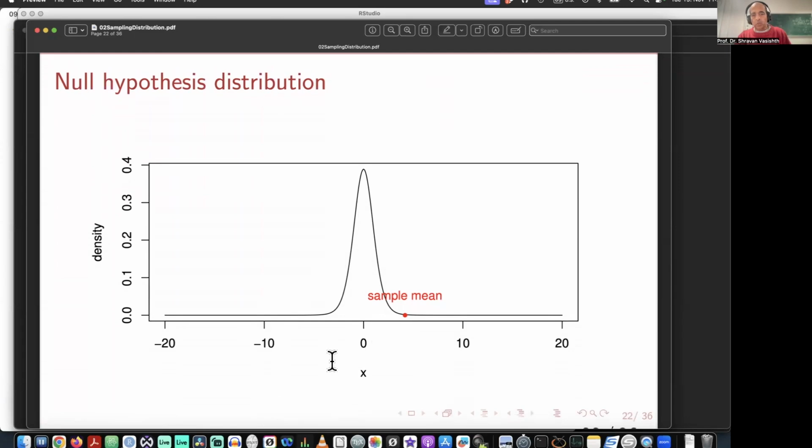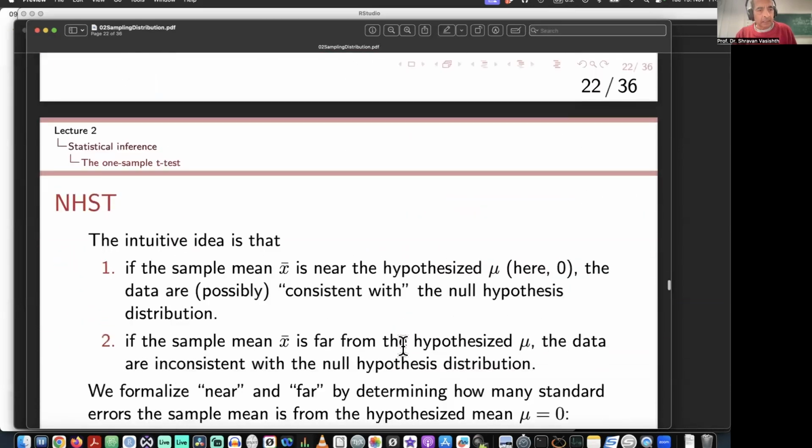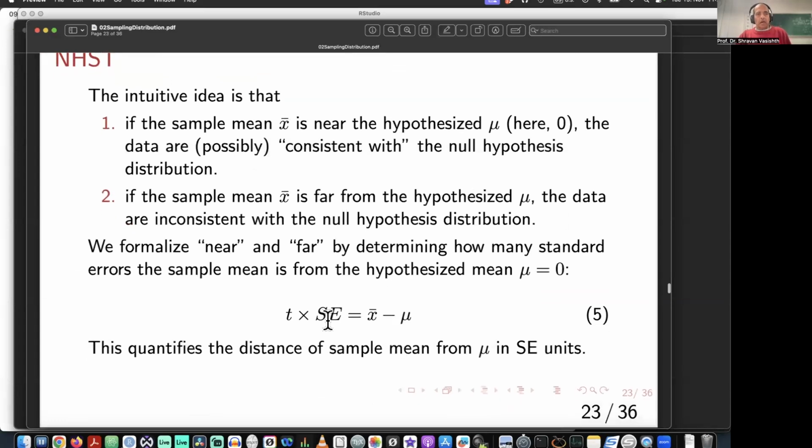And what we want to know when we do the hypothesis test is how far away the sample mean is from the hypothesized value, right? So this distance is the thing of interest here. Now, how would we compute this distance? The sample mean minus the hypothesized mean, that's the distance that we're interested in, and we want to quantify this distance as far or near.